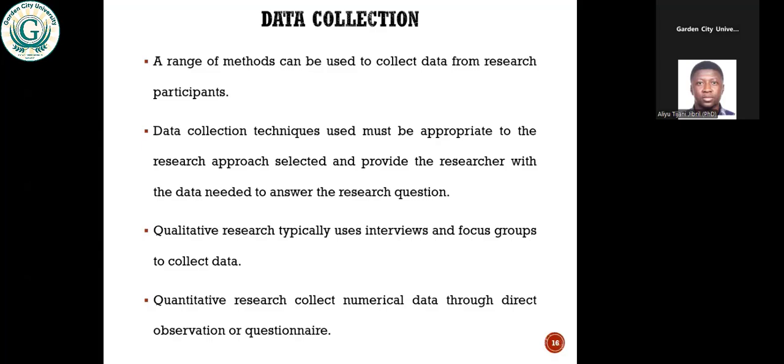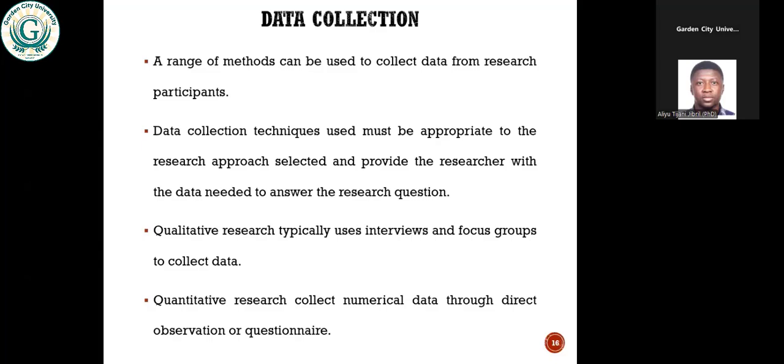So when we are gathering data in quantitative, we can have the interviewer-administered questionnaire. Here, the researcher, him or herself, asks those questions to the subject to get their responses.